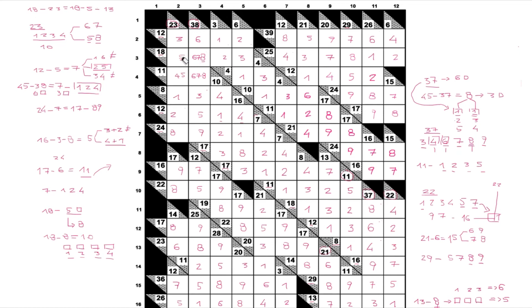And here will be 5, and here will be number 8. And finally, here will be number 4, and here will be number 7 as the last two numbers in this Kakuro.